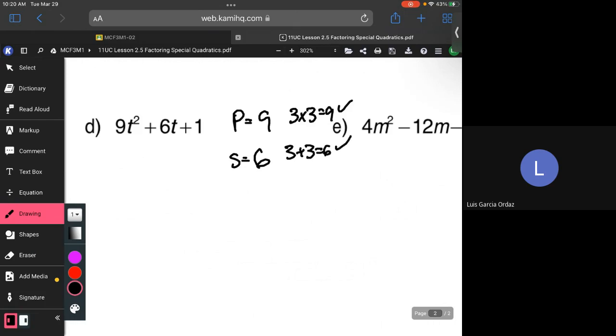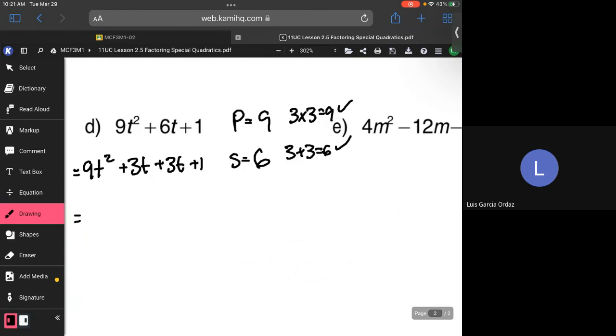Good. So now we're going to factor using the grouping method. So it'll be 9t squared plus 3t plus 3t plus 1. So again, we're going to look at our first two terms first.